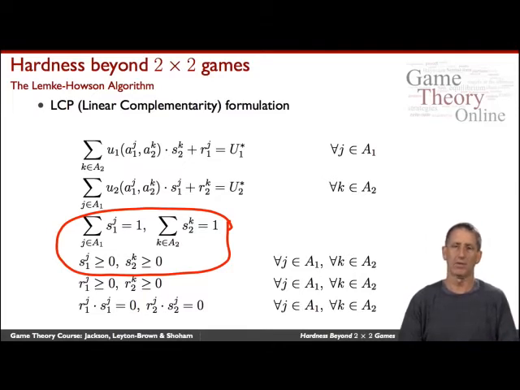If it's an R, replacing with an S, and with an S, replacing an R, until you get an equilibrium. That's the general flavor of it, and in this lecture we won't go into more detail on the Lemke-Howson procedure.